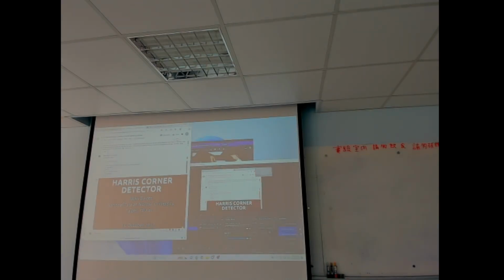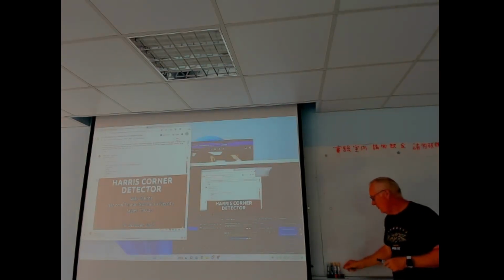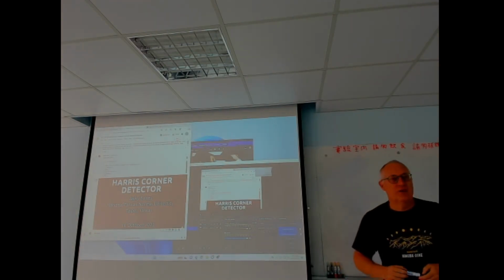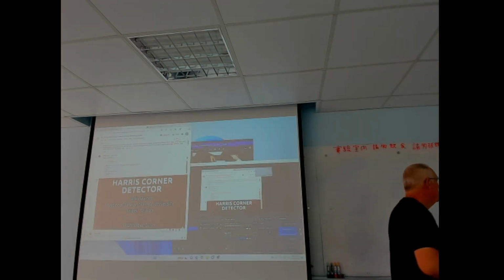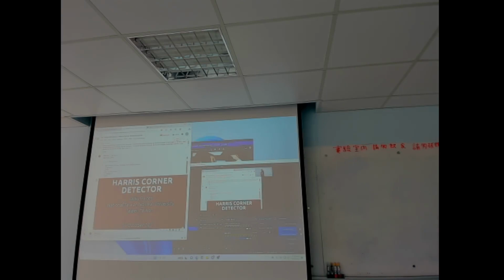So that means we need to have points. They cannot be edge features, but they also have to be a special kind of point. In particular, what we would like ideally would be points that are globally unique.